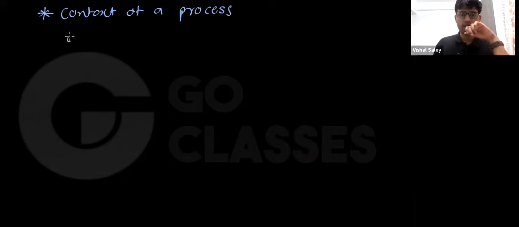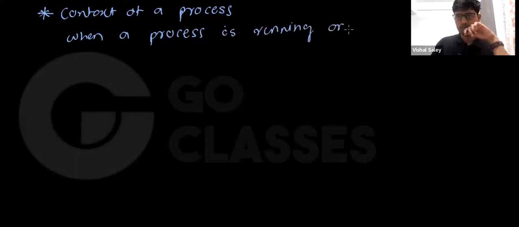Okay. We consider the case when a process is running on the CPU. So currently the code that the CPU is executing is for that particular process, right?